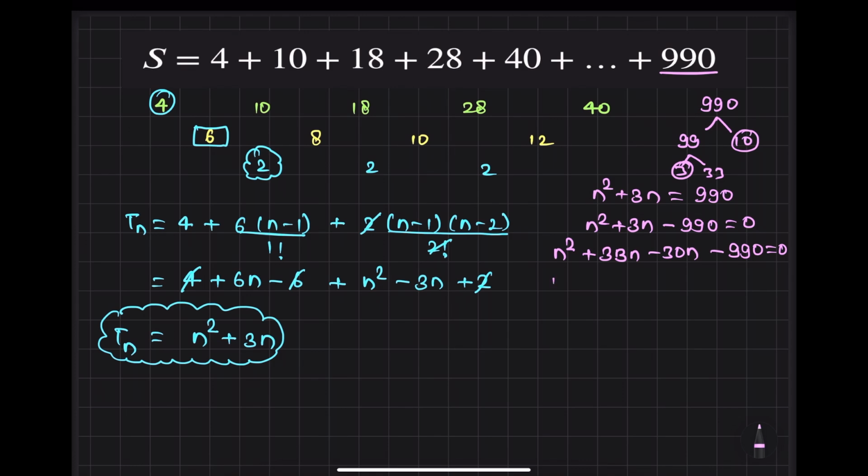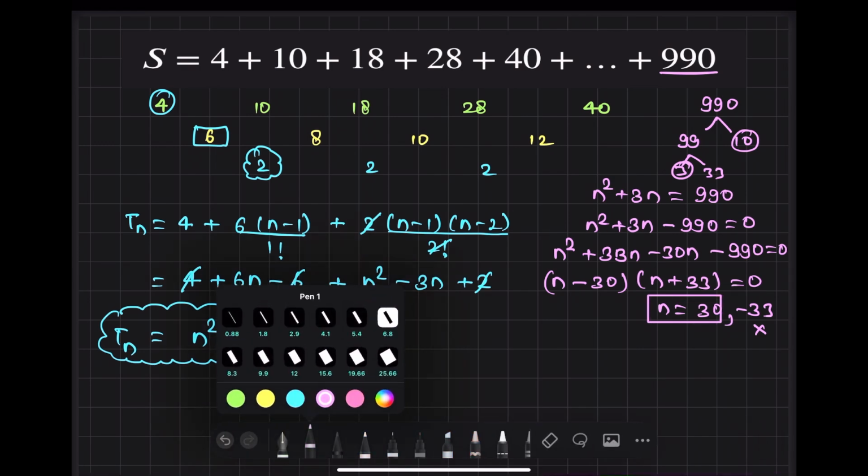Okay, now we will take n common, and minus 30 common from the next component. We will be left with n plus 33. So we got the value of n as 30 and minus 33. You know that we cannot have the number of terms in negative, so the number of terms is 30.